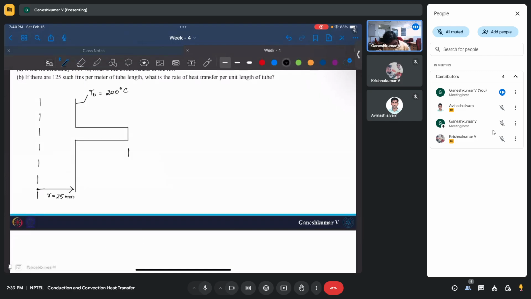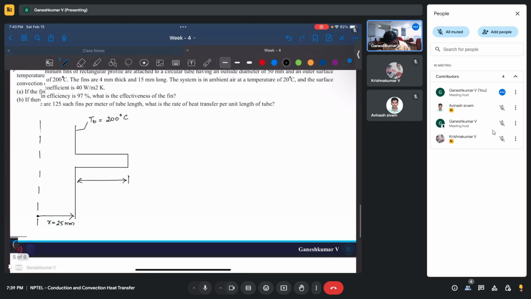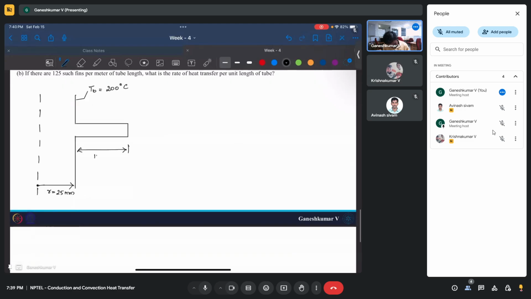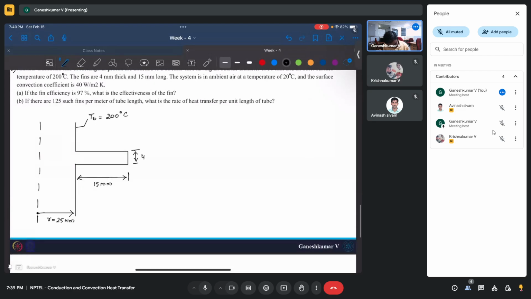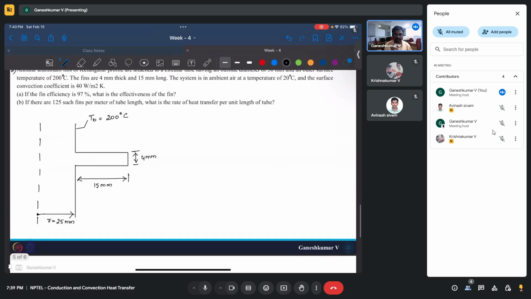So the length of this fin is 15 mm, and the thickness of this fin is 4 mm. So the terminologies that they give in the question itself will give you an idea of how this fin is, even if they didn't provide you the diagram of the fin.